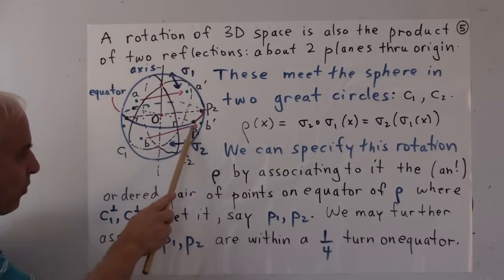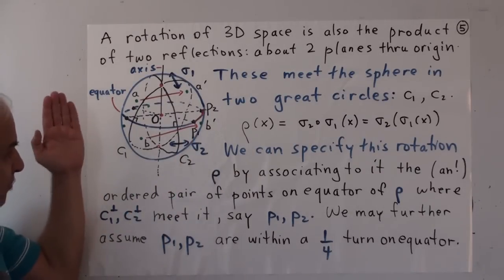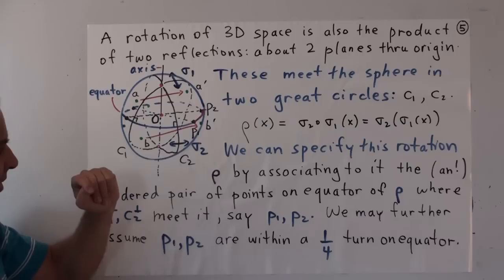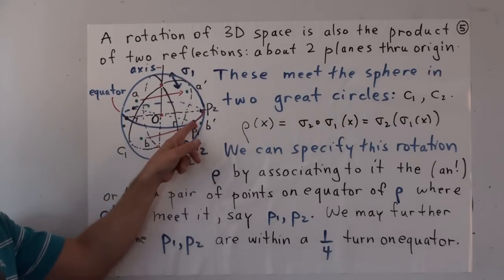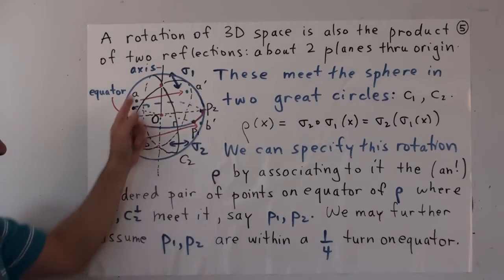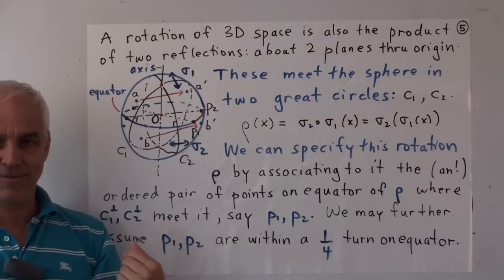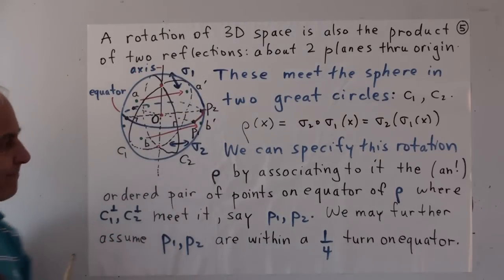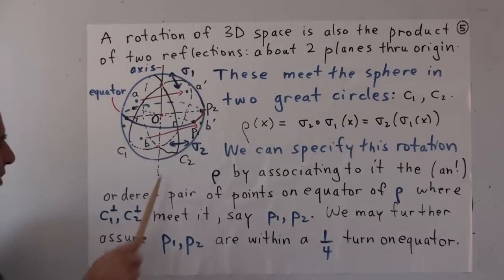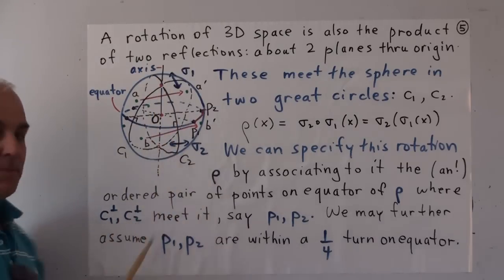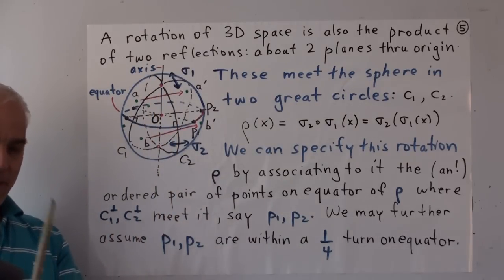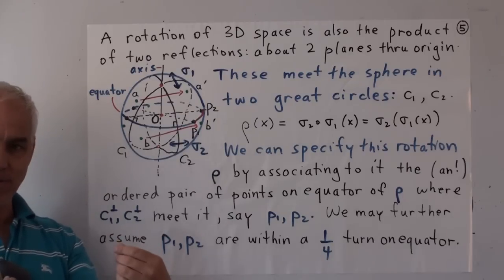So this point P1 is the point on the equator which is like the North Pole or South Pole if we think of this C1 as being a new equator. Similarly, if we think of C2 as being some kind of new equator, then it has a north and south pole.